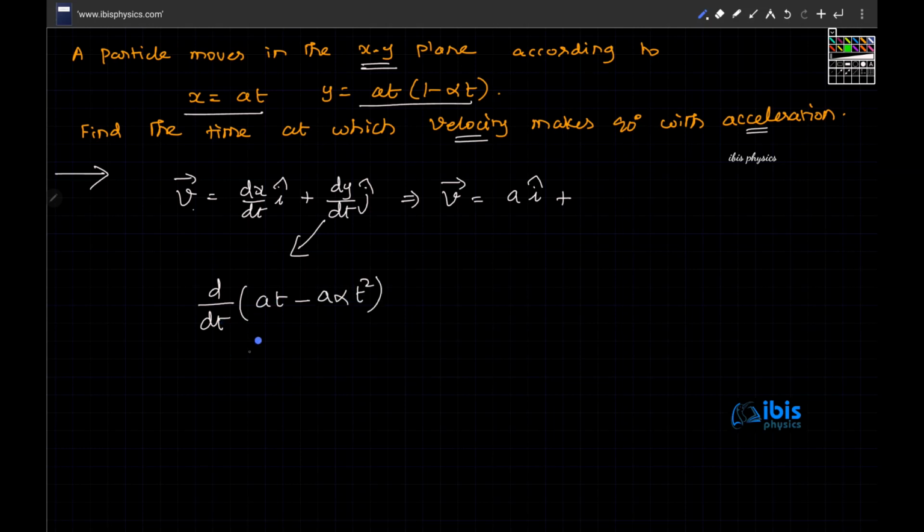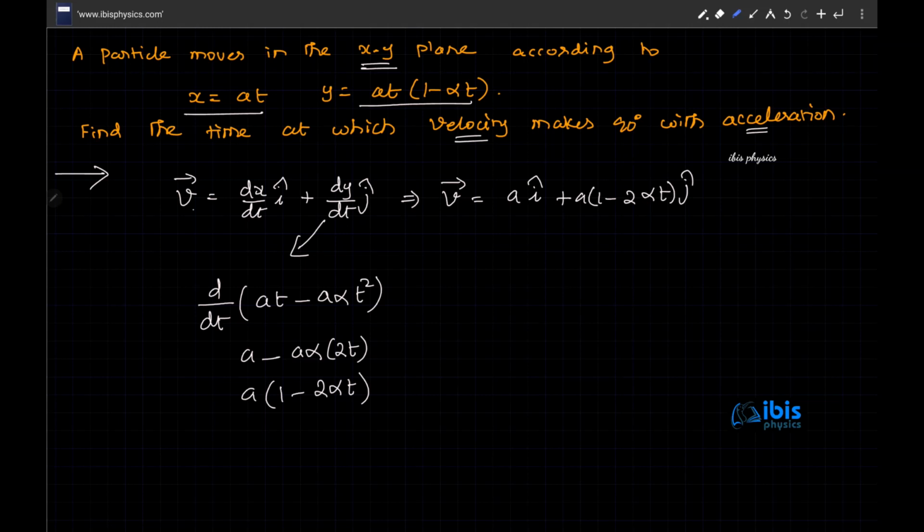When you differentiate it, a into d by dt of t is 1, minus a alpha into d by dt of t square is 2t. So it is a into 1 minus 2 alpha t. So the velocity vector is a into 1 minus 2 alpha t into j cap. So we have found the velocity.